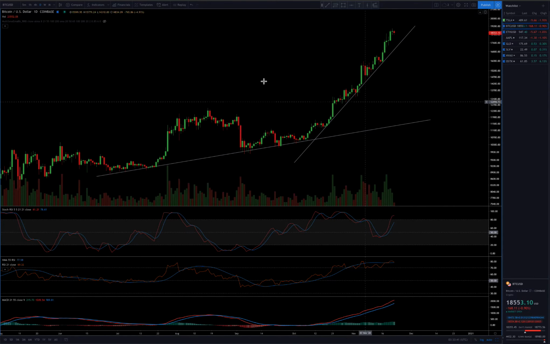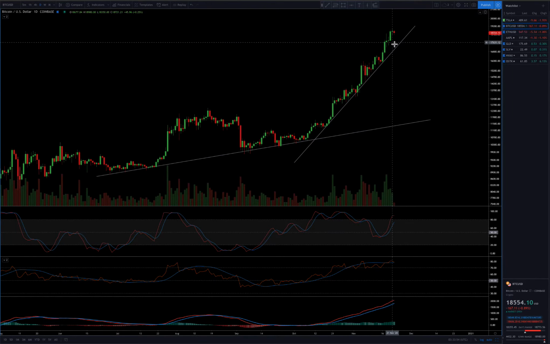And let's look at the current price action here. I've got a trend line offering support for the current price action, and I'm waiting to see when price will start testing this support line and see if it'll bounce or break through.